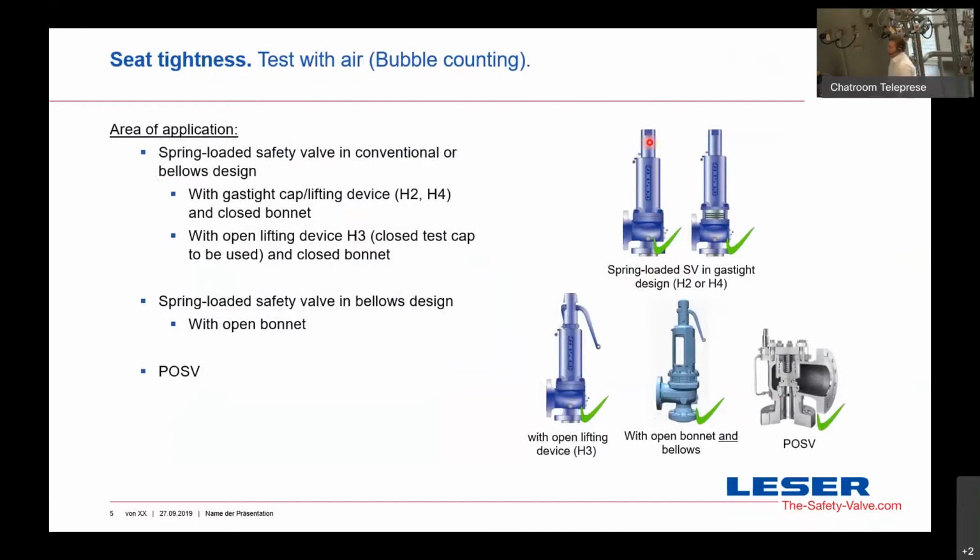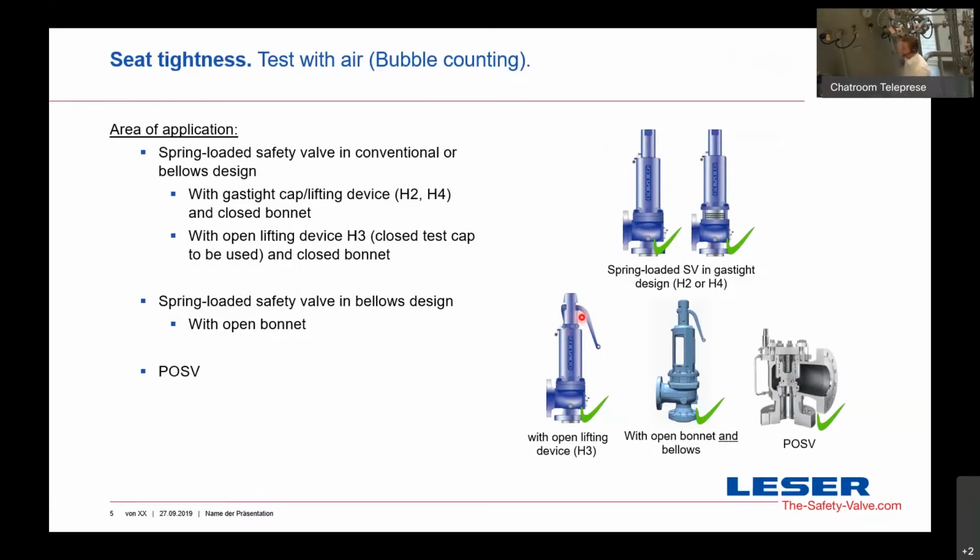On the left side, there is a design with an open lift device with an H3. There, be a little bit careful. We need a closed test cap too, because the cap H3 is not gas tight. If we do the bubble counting method here, we have to use a closed test cap for this test.